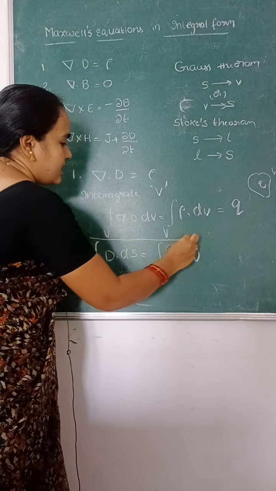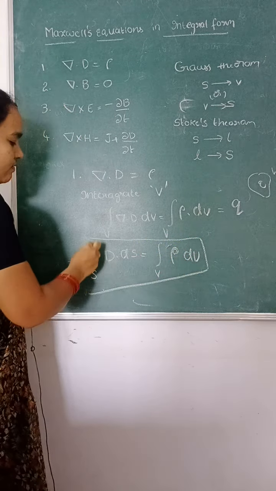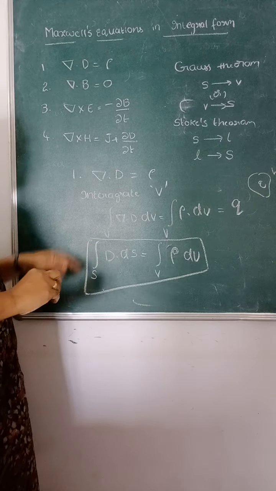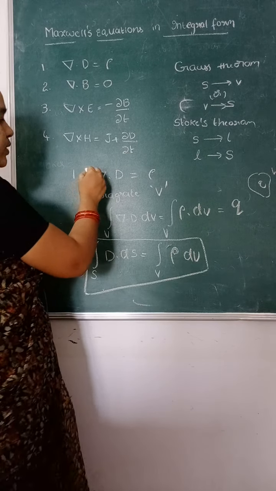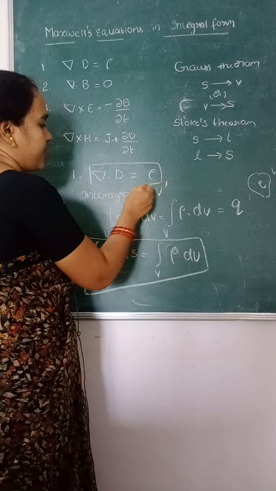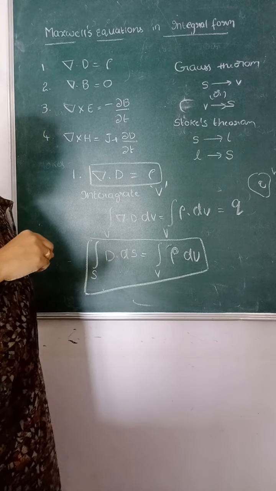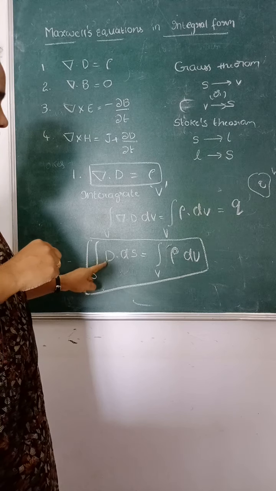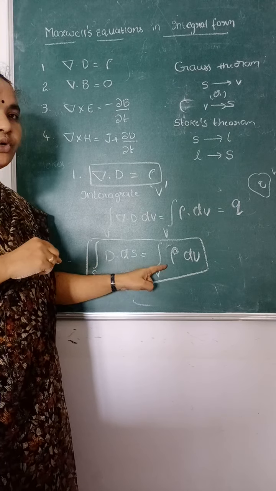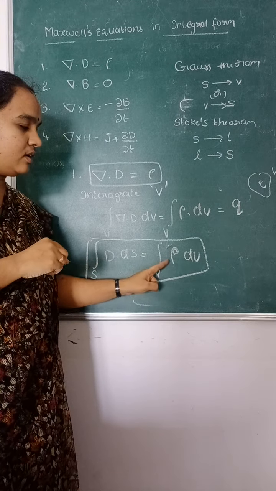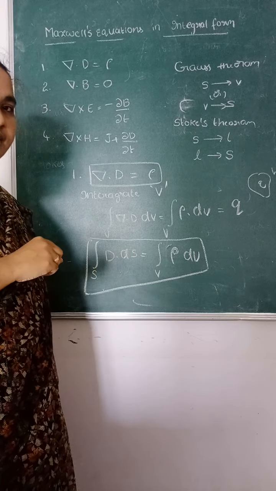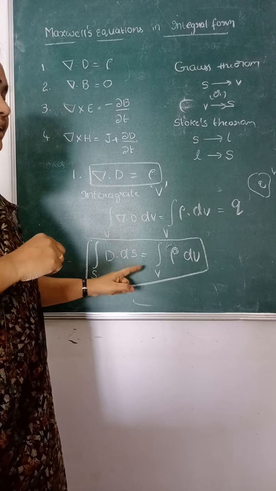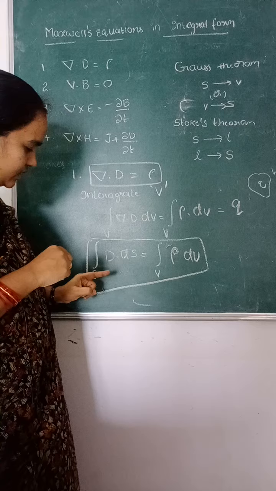So this is the first Maxwell's equation in integral form. Del dot D is equal to rho is the differential form of the first Maxwell equation. Surface integral of D dot dS is equal to the volume integral of rho dV, which is called the integral form of the first Maxwell equation.